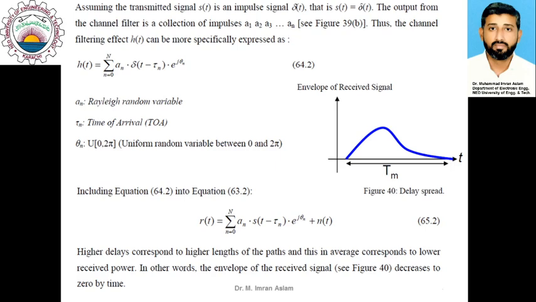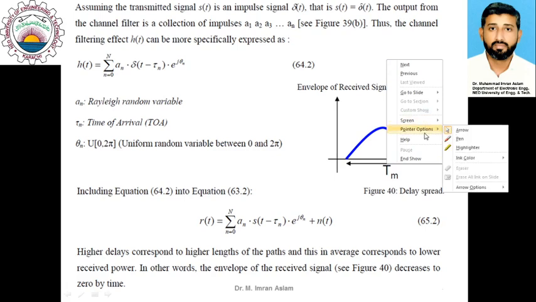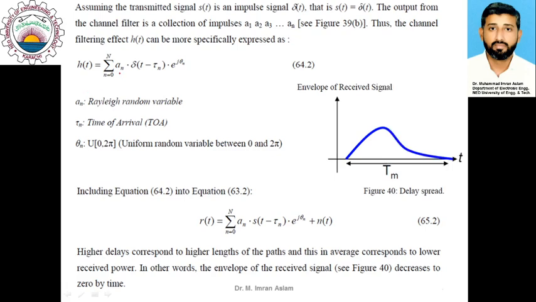So there is no standard form of time of arrival distribution, but it can also be calculated with certain assumptions. So this is related to the randomnesses and different parameters which determine the received signals.